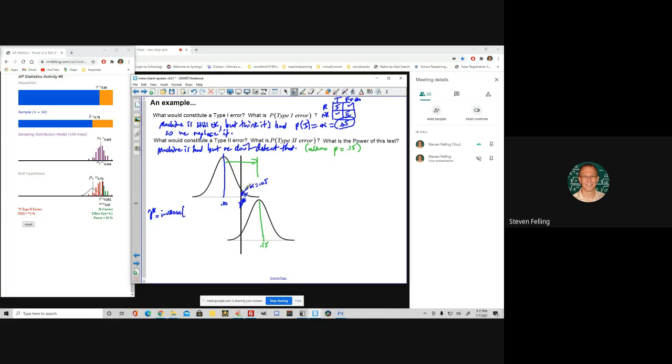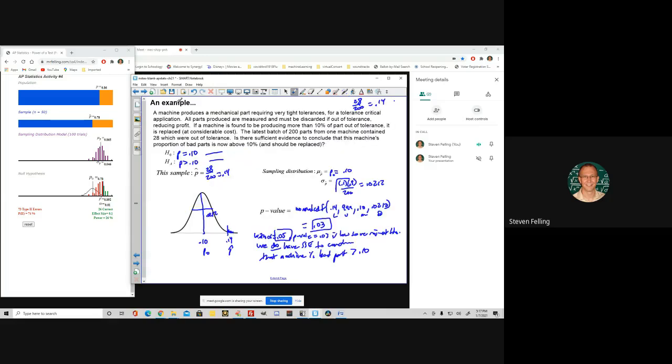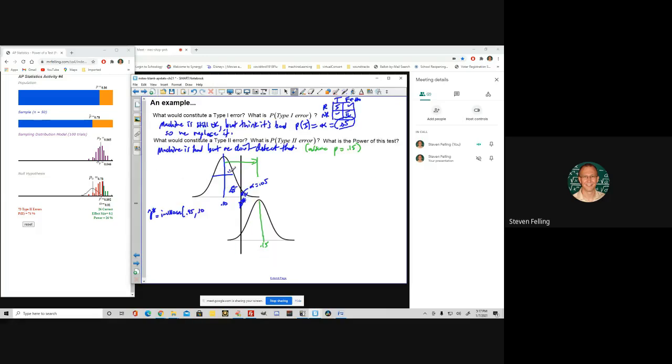Okay, so that's going to be inverse norm. If we have 5% to the right, then there's 95% area to the left, with 0.10 in the middle, and the standard deviation is the same one we calculated back here, 0.0212, calculated the same way. So if you use inverse norm, 95% to the left with 0.1 in the middle, you get that this value is 0.135.